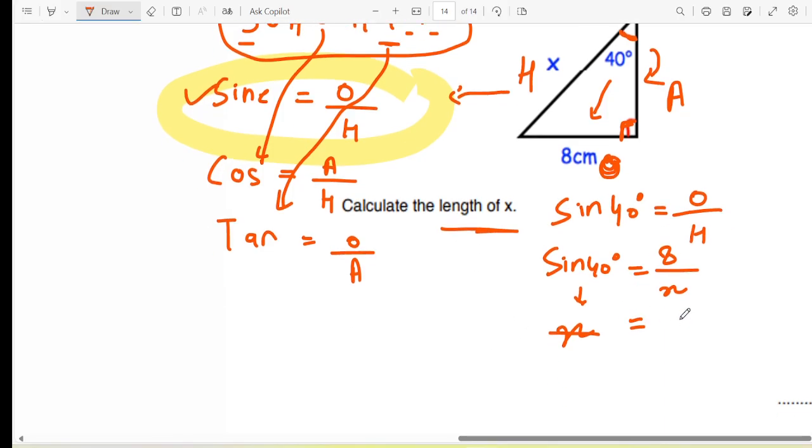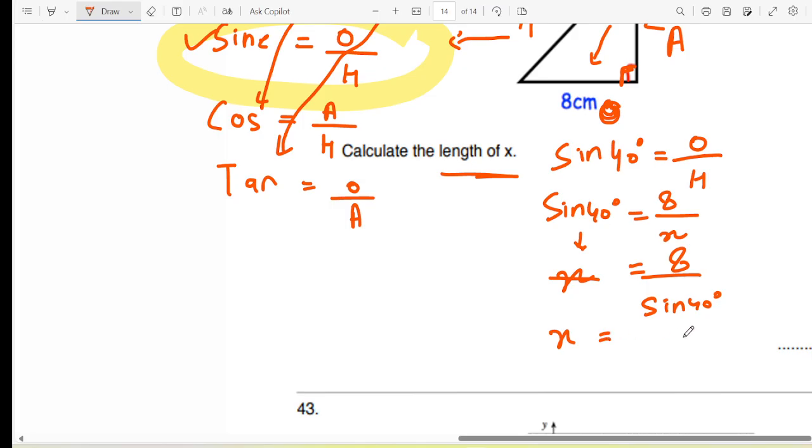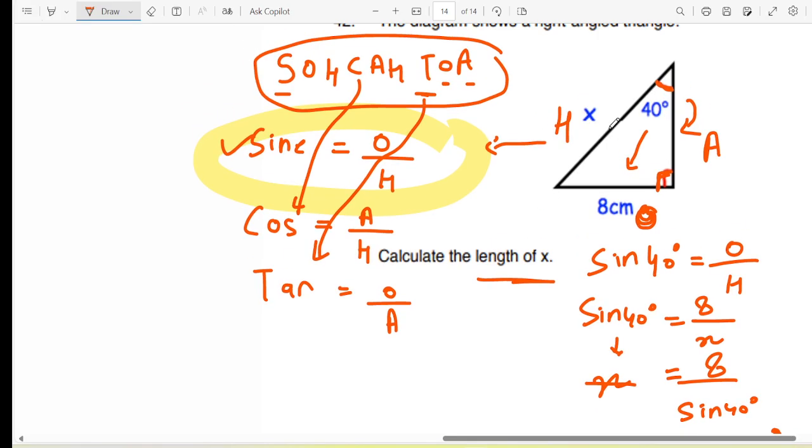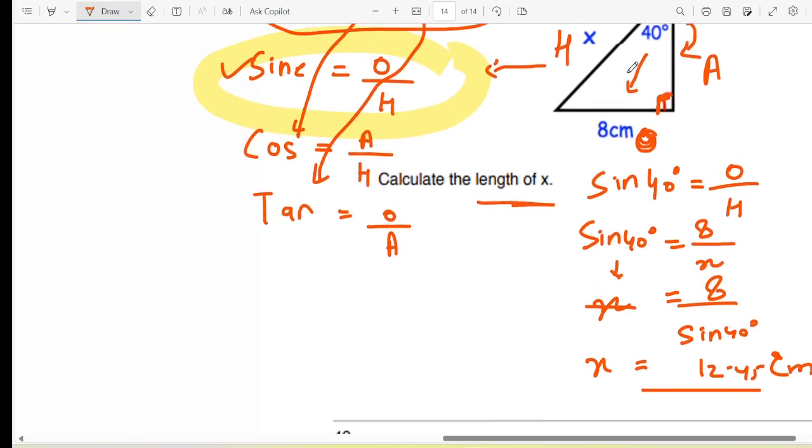So x would be 8 over sine 40 degrees. If you put everything in the calculator, you will get 12.45. Not degrees, sorry, this is centimeters, because this is a length, not an angle, right? This is 12.45.